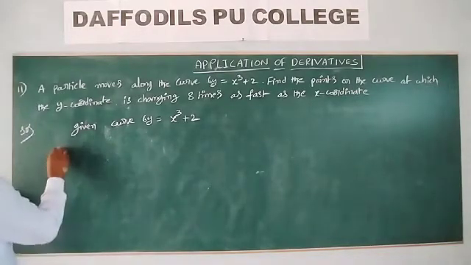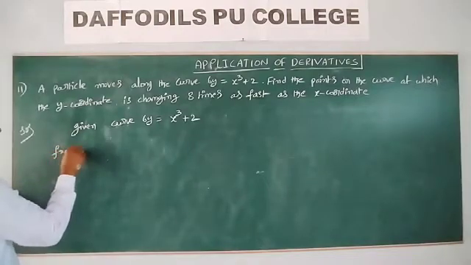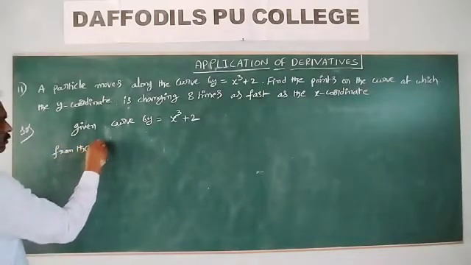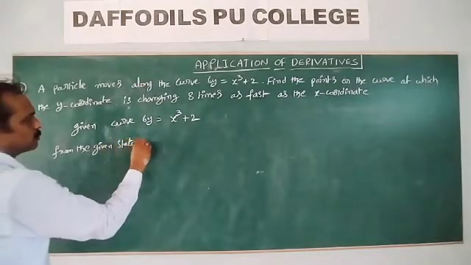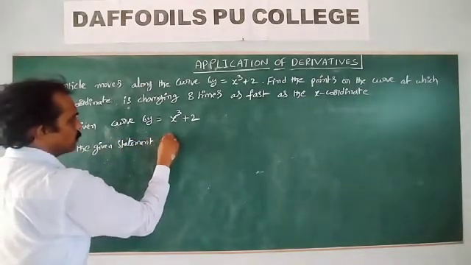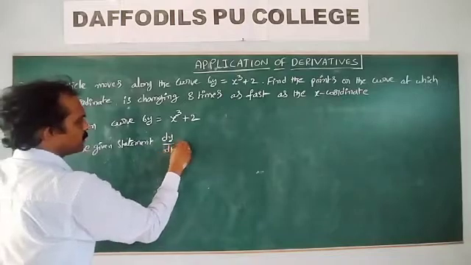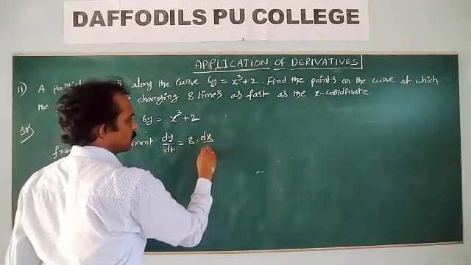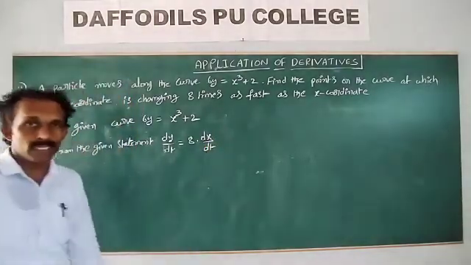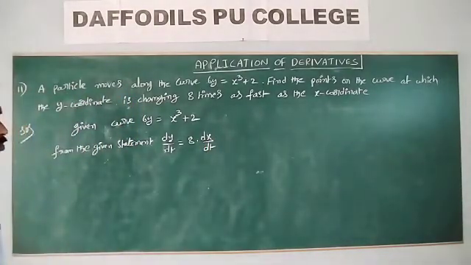From the given statement, dy by dt is equal to 8 times dx by dt.